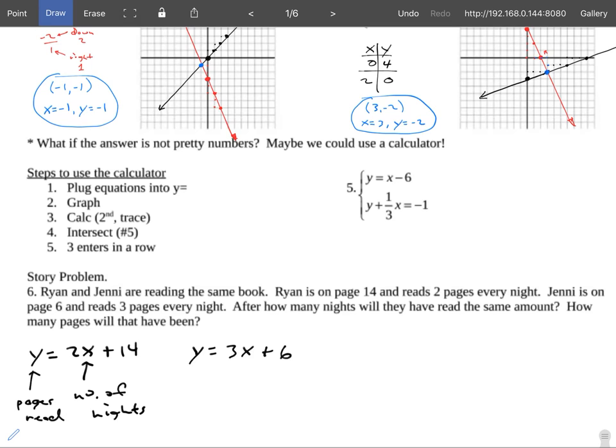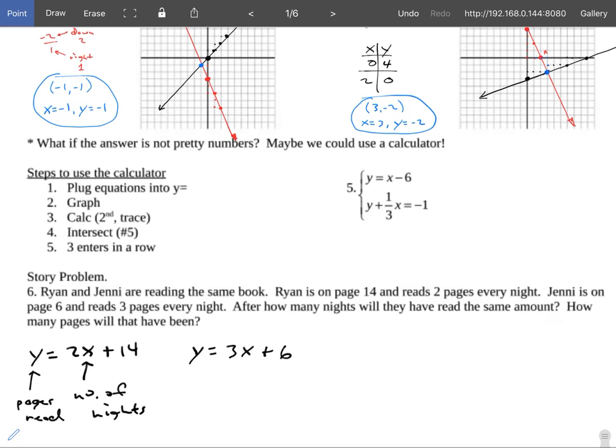All right, well, normally they didn't put a grid on here for us, but what they would want us to do would be to graph both of these and then look for the point where they hit each other. So we'd be looking for the intersection point for these 2 lines. But they didn't give us a grid to graph it on in the note packet. So what I'm going to do is do this just by hand. If you look at the question, it says, after how many nights will they have read the same amount?